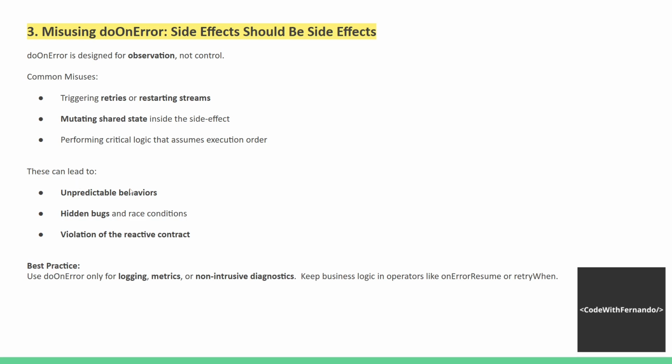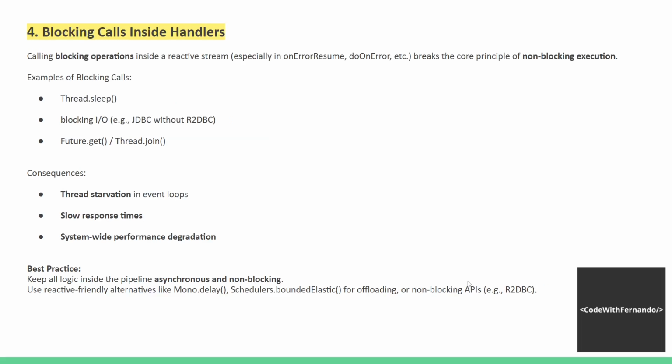This can lead to unpredictable behaviors, hidden bugs, and race conditions. Violation of the reactive contract. So what's the best practice? Use doOnError only for logging, metrics, and non-intrusive diagnostics. Okay, keep business logic in operators like onErrorResume or retryWhen.